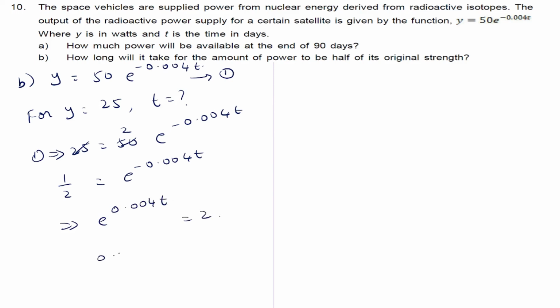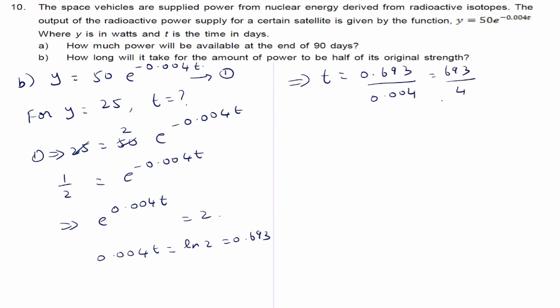If we take log on both sides, we have 0.004t equal to ln 2. Ln 2 is 0.693. So from this we have t equal to 0.693 upon 0.004, which is 693 upon 4, so it is equal to 173.25 days.